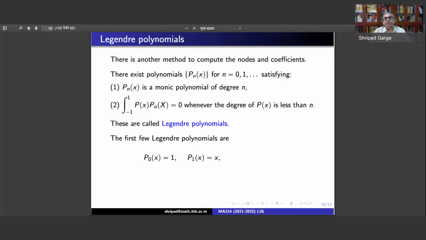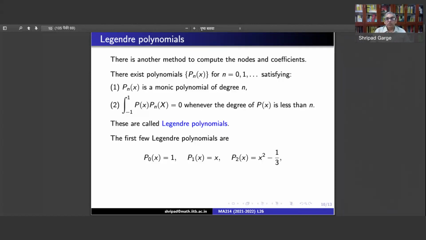P2(x) can be computed as x square minus 1 by 3. Once you have P0, once you have P1, using them, you can compute P2. It's a monic polynomial of degree 2, such that the integral from minus 1 to 1 of P0 P2 is 0, and the integral from minus 1 to 1 of P1 P2 is 0.